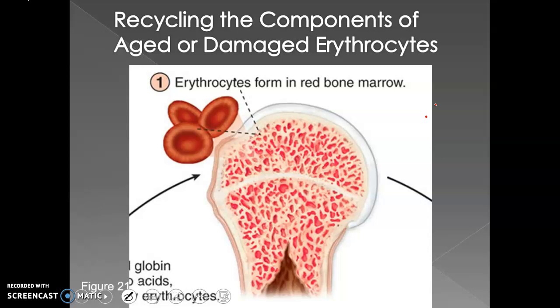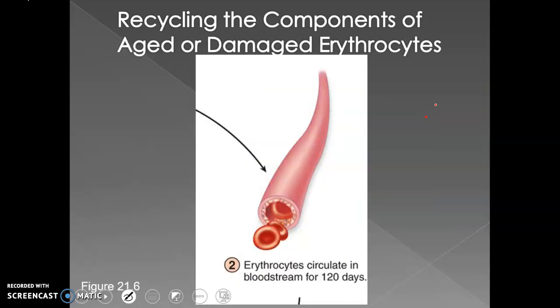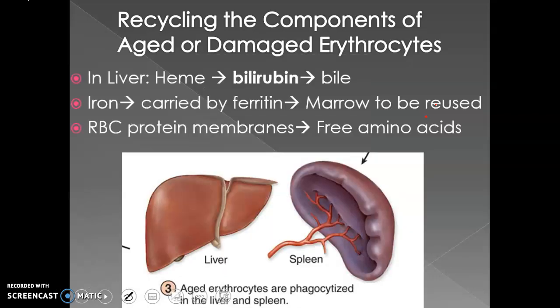So the RBCs are born in the red bone marrow, and they float in circulation for about 120 days. And after 120 days, the RBCs are phagocytosed in liver and spleen, and a lot of the components of RBC are recycled. So let's talk about that.